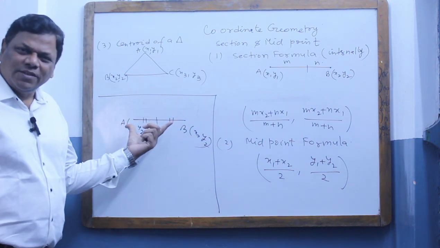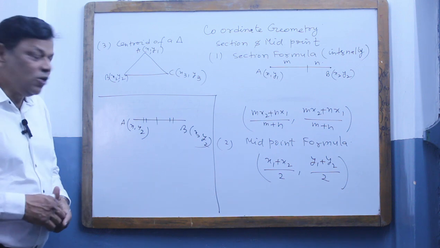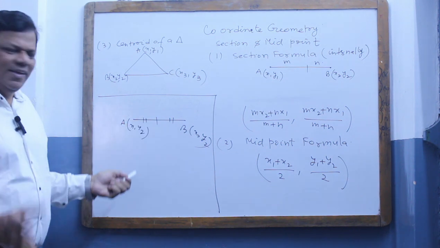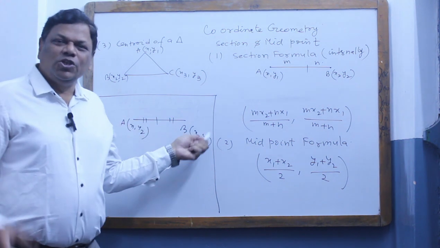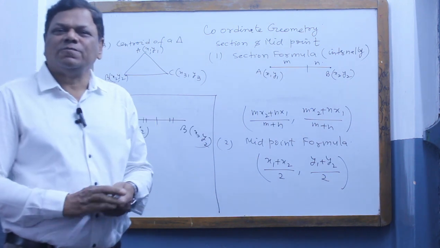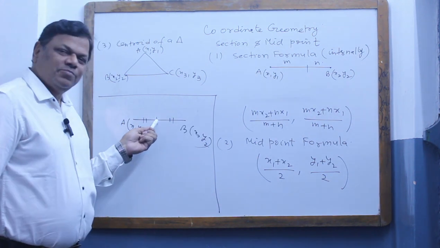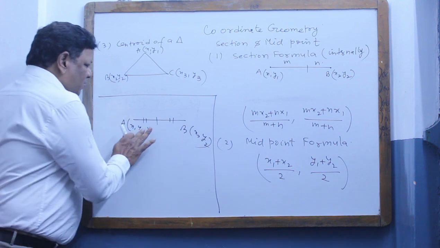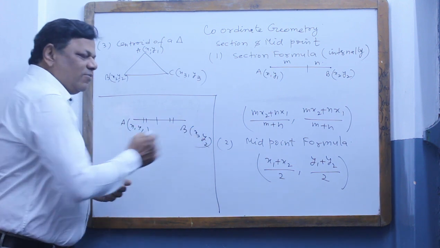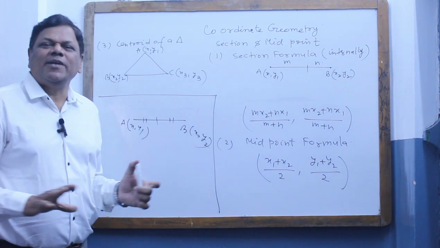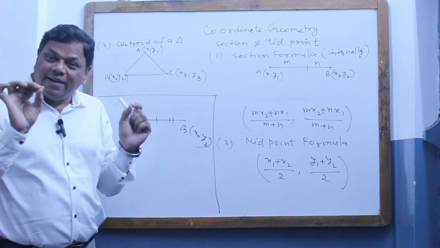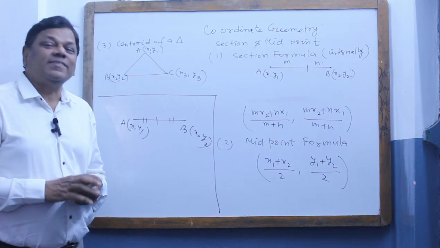That is the midpoint. So how to find the midpoint of this? Simple. x1 plus x2, you add it and divide by 2. I'll get this point. y1 and y2 you have to add and divide by 2.